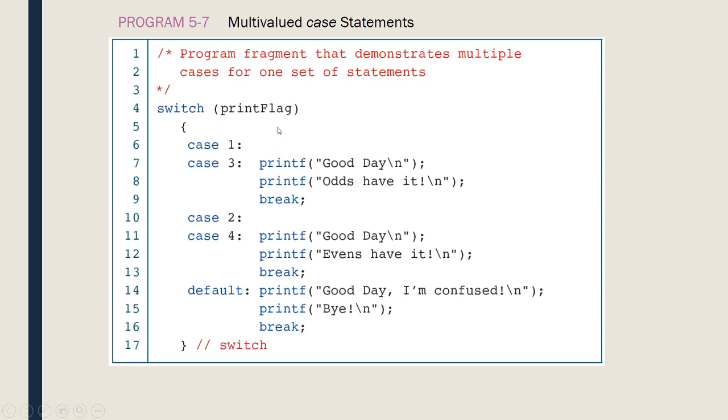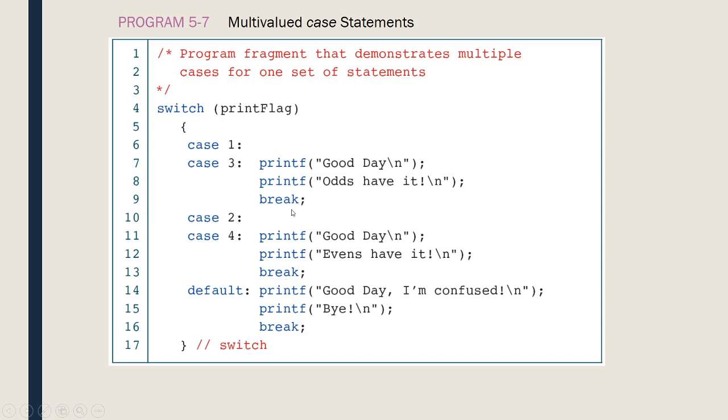And if the print flag value is either 2 or 4, the text good day evens have it will be displayed. And if the print flag value is 5 or 6 or 7 or any number other than 1, 3, 2, and 4, the text to be displayed is good day, I'm confused by.